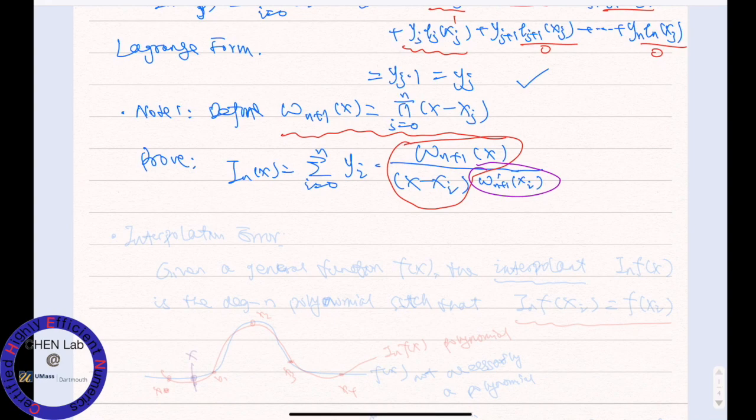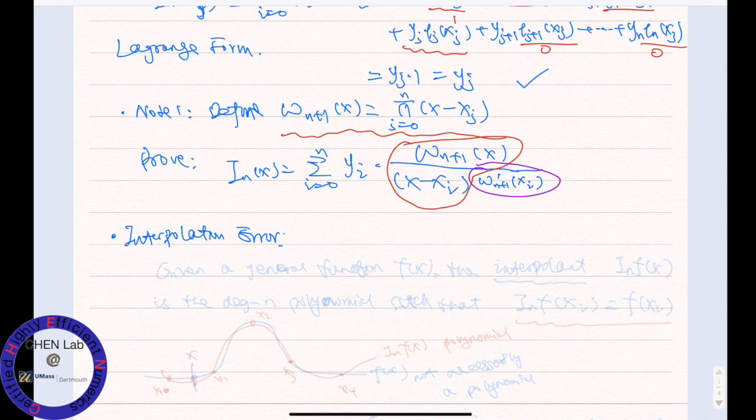So what I plan to do next is talk in a bit more detail about the interpolation error. For some settings, you're given discrete data, like what we just plotted above.